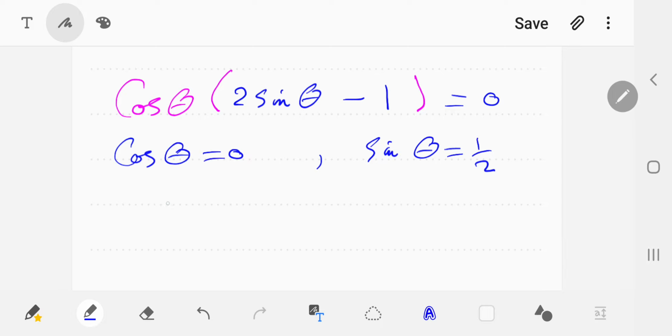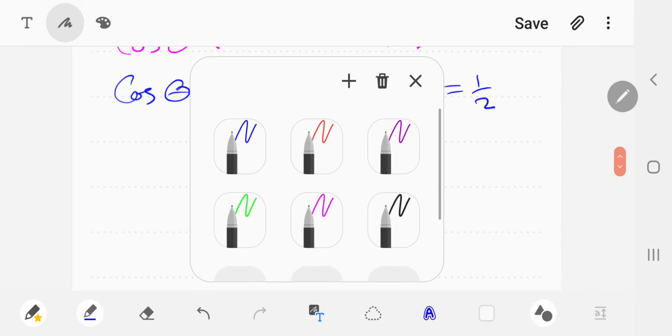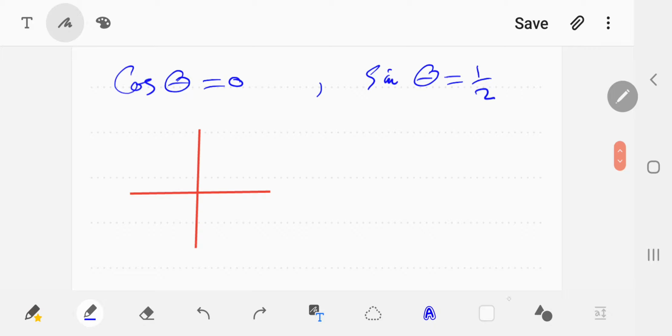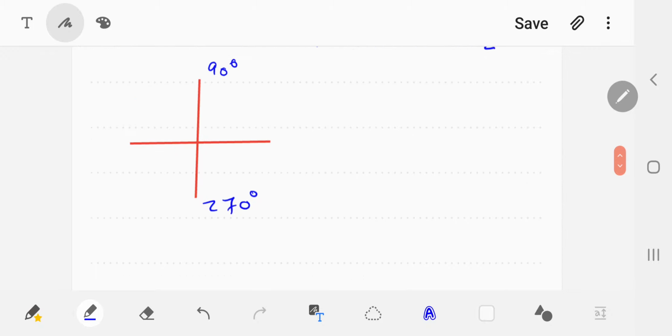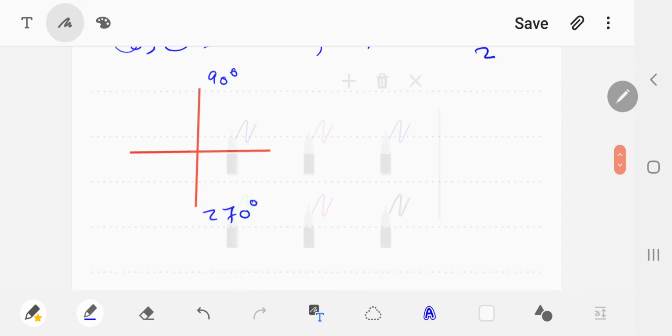Now, cosine theta equals 0. This is a very special angle. It's either 90 or 270. Let me draw this for you. So we are talking about, in this case, either 90 degrees or 270 degrees. How am I going to write the general solution here? Of course, I can say 90 plus 2n pi and 270 plus 2n pi, but there is a shortcut here.